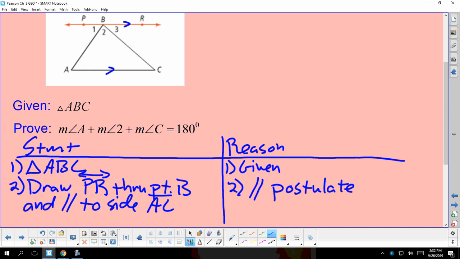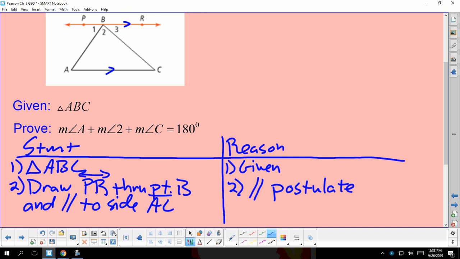All right, so notice above, when I drew that line in there, I now have three angles. Angles 1, 2, and 3. Those angles form a straight line. What has to be the sum of all three of those angles? 180 degrees, right?